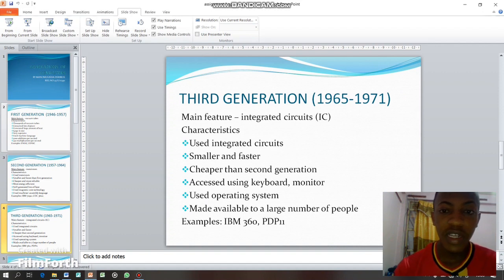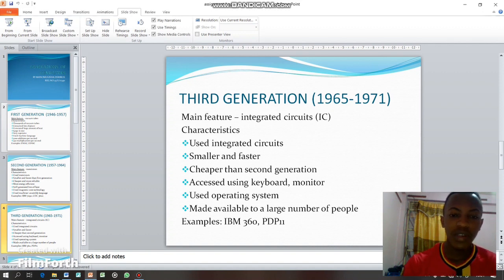Moving on to the third generation, which was from 1965 up to 1971. Its main feature was integrated circuits, which are electronic circuits that contain a vast number of electronic components, including transistors and many others.